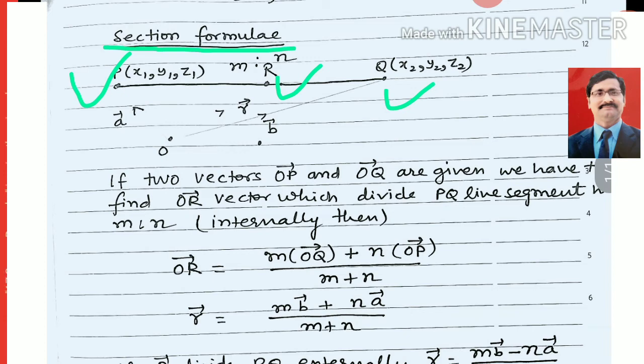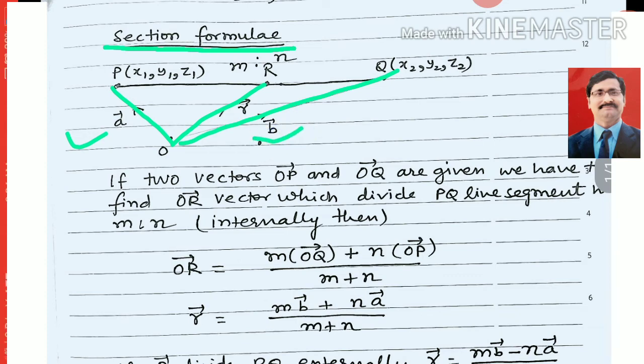So we can understand that here we have two vectors: one is the OP vector, second is the OQ vector, and we have to find the OR vector such that R divides PQ in the ratio m:n. Here we generally write the OP vector as A, the OQ vector as B, and the OR vector as R.